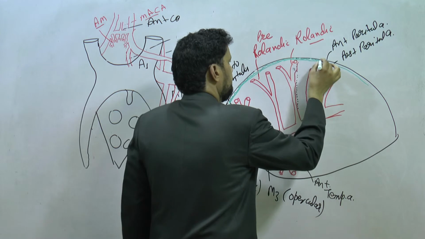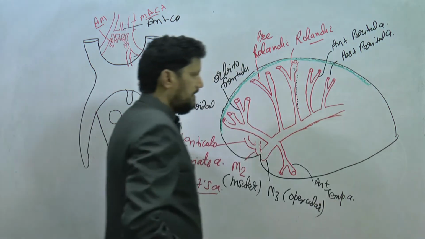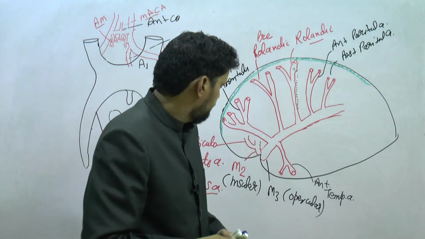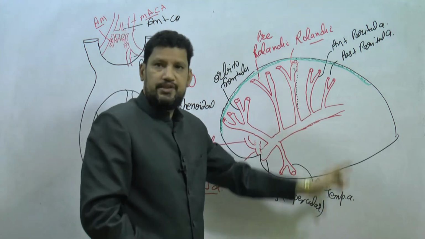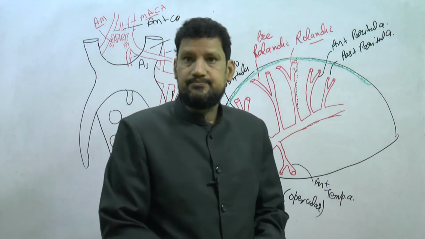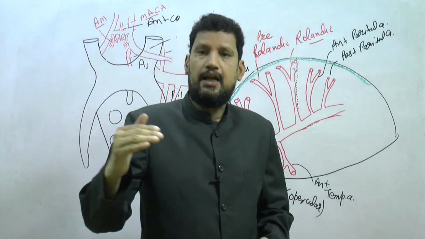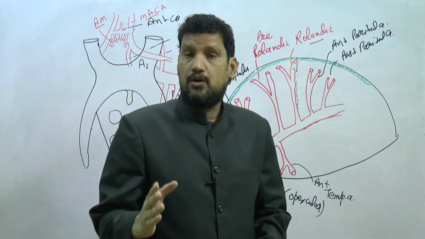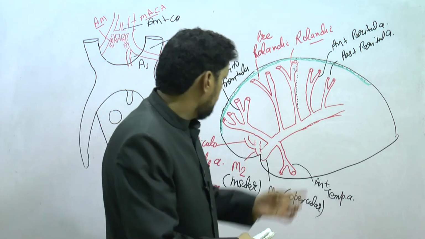So the anterior and posterior parietal arteries are for the superior parietal lobule and inferior parietal lobule, and some part of the somatosensory area also.